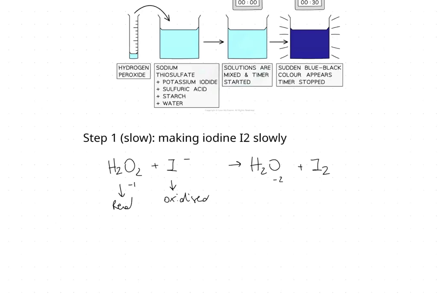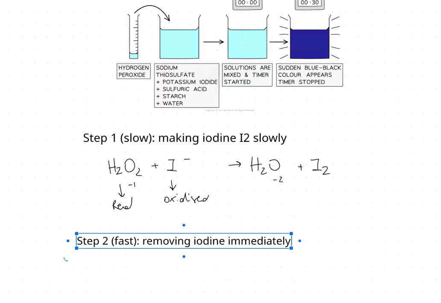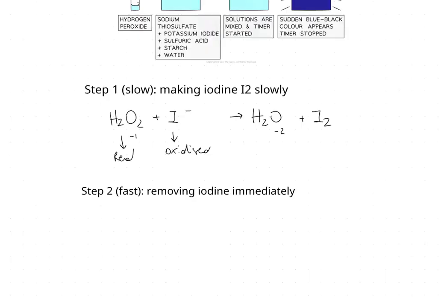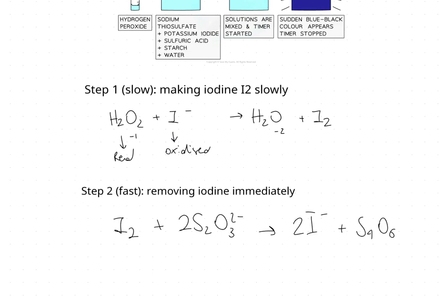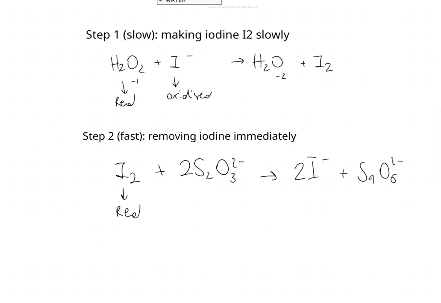And as we said, that is again another redox reaction between the thiosulfate and the iodine, forming S4O6 2-. This time the iodine is reduced to the iodide. Okay, so this is the second step and it's very fast.